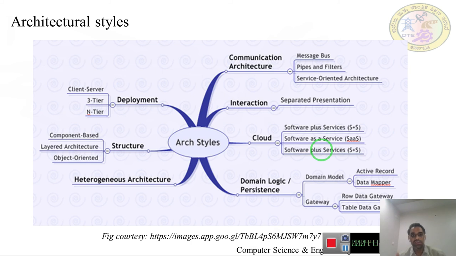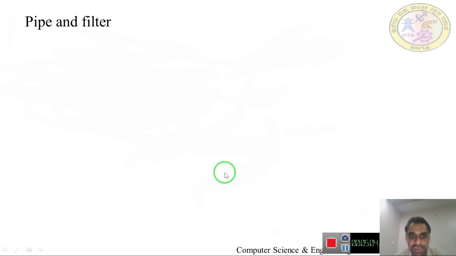Then architectural style briefly explains the structure. Structure can be component based, layered architecture, or object oriented architecture. So one thing we understood is that architecture is a heterogeneous way of describing the system. So this is about architectural style.